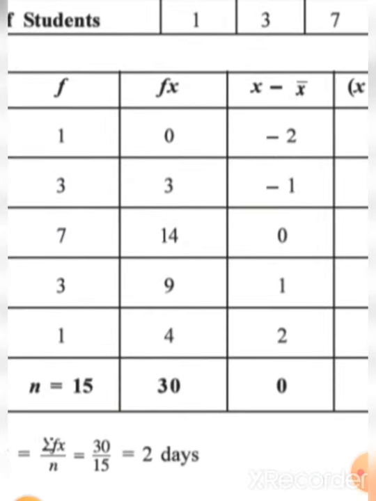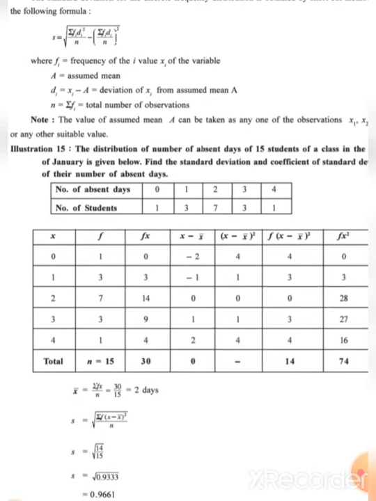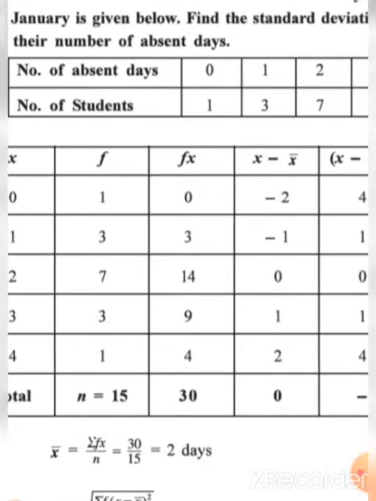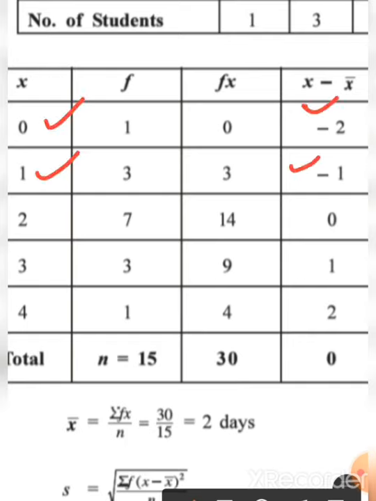Now xi minus x bar. As we do xi minus x bar, our x bar has come up to 2. So 0 minus 2 will give you minus 2, 1 minus 2 will give you minus 1, 2 minus 2 will give you 0, 3 minus 2 will give you 1, 4 minus 2 will give you 2.